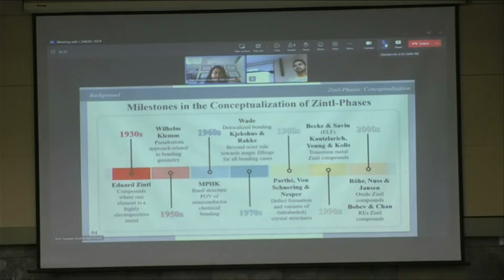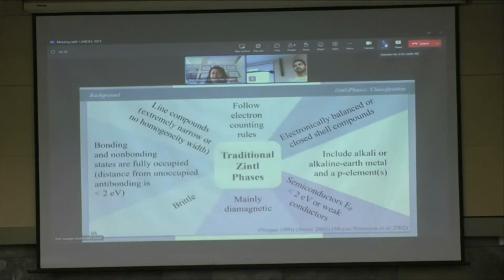And now the topic is increasing because traditional interfaces were mainly diamagnetic. They are brittle in mechanical properties. They can include alkali and alkaline earth metals, so metals with p orbitals.